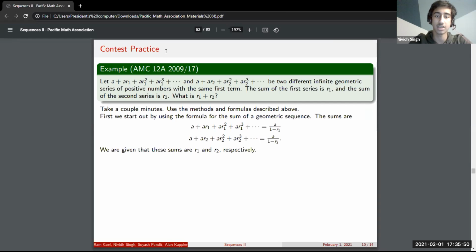We are given that the sums are r1 and r2 respectively. So we can set up the two equations: a over 1 minus r1 equals r1, and a over 1 minus r2 equals r2.